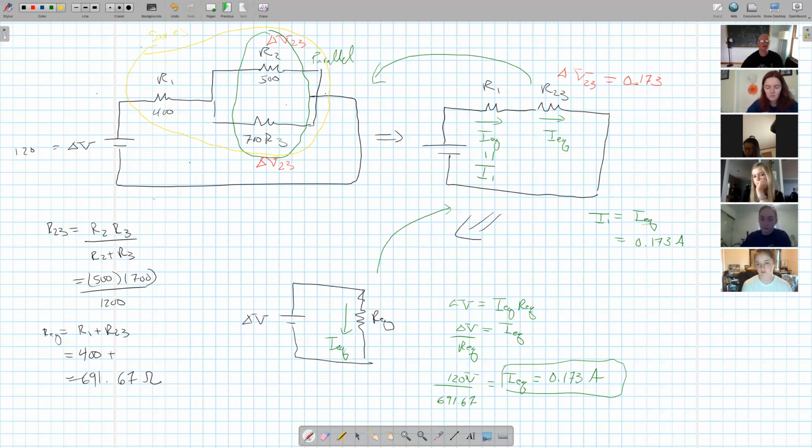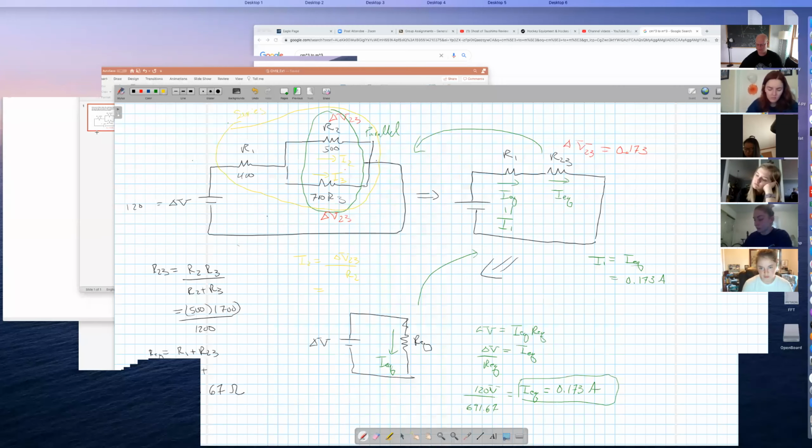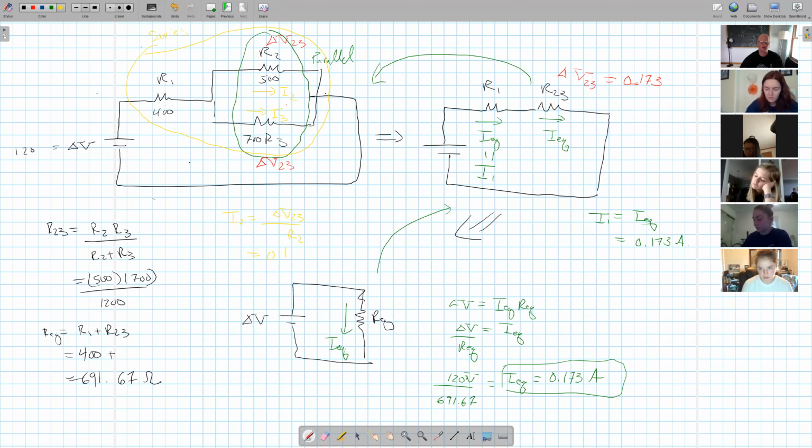Let's call this current I2 and this current I3. I2 is equal to delta V23 divided by the resistance R2. Plugging in our numbers, this works out to be 0.101 amps.